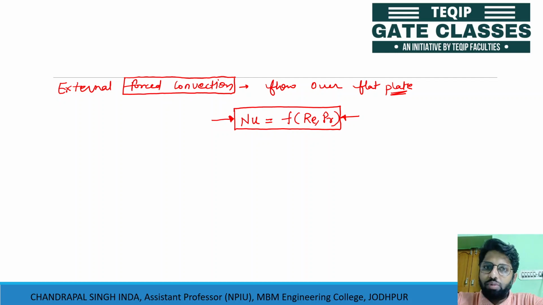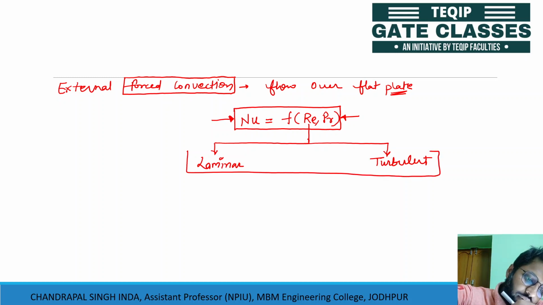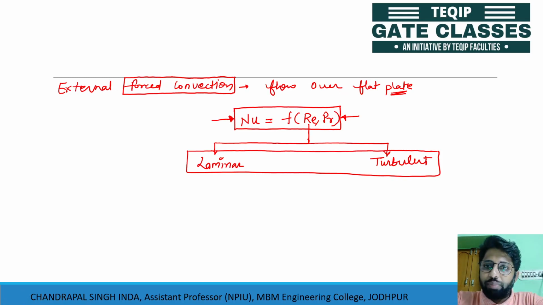So Reynolds number comes into the picture, and it tells us whether the flow is laminar or turbulent. Today we will have the empirical relationship between these three numbers for laminar flow and turbulent flow.